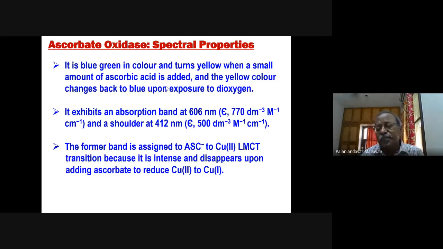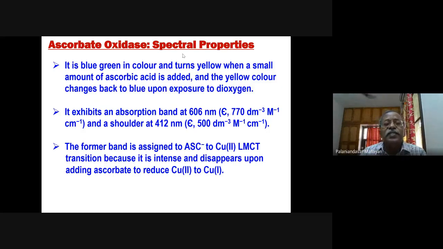It establishes the presence of this particular tyrosinase enzyme, right? And you can also expose it to dioxygen and see how the enzyme is acting. If you want to prevent your apple from browning as soon as you cut it, just put it in salt water, and you prevent it from coming into contact with molecular oxygen.